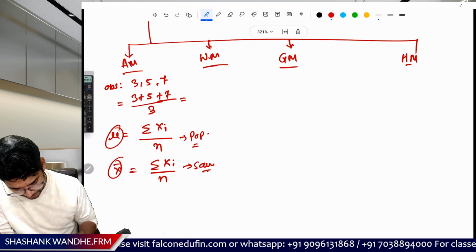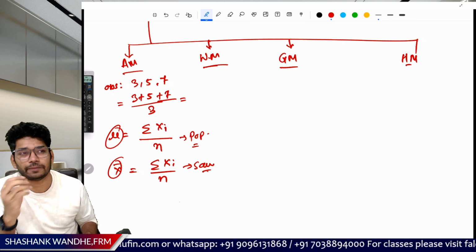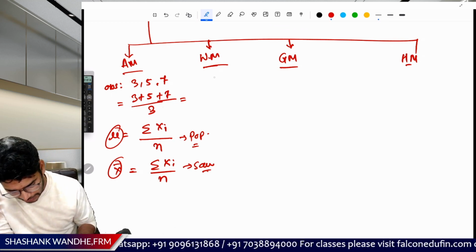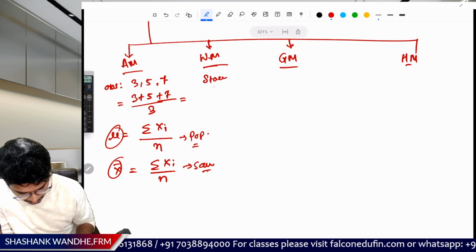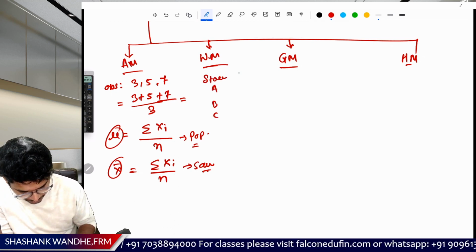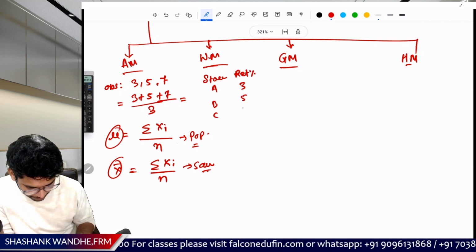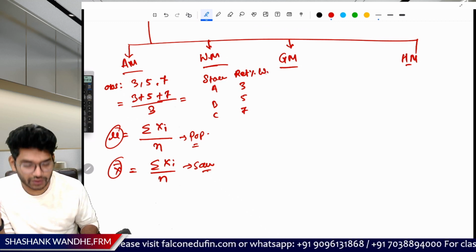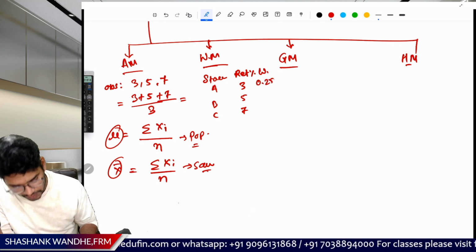Then we have the weighted average mean, mainly used if, for example, you are doing the analysis of a portfolio. You have 3 stocks, A, B, C, with returns of 3%, 5% and 7%, and the weight of the stock in the portfolio, say 0.25, so 25%.